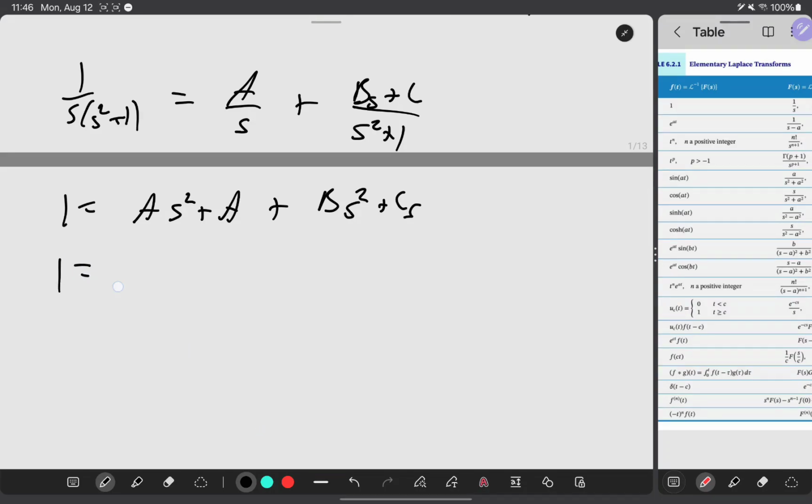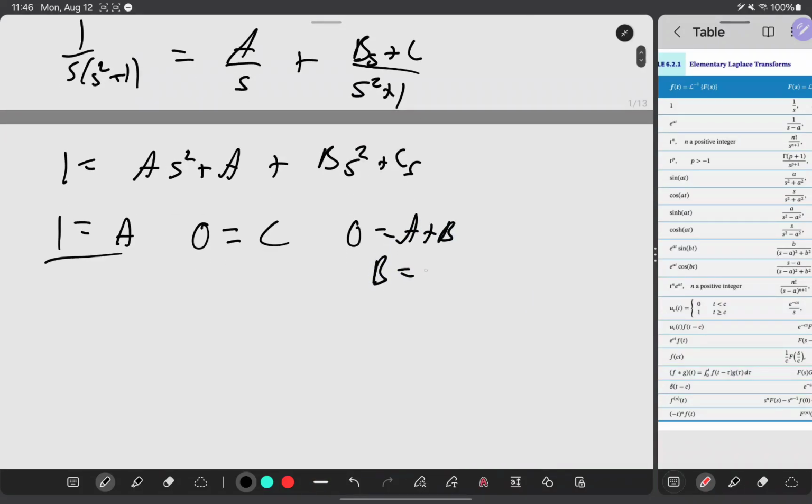Anyways, 1 is equal to a, 0 is equal to c. Well, that's nice. And 0 is equal to a plus b, so b would then be -1.